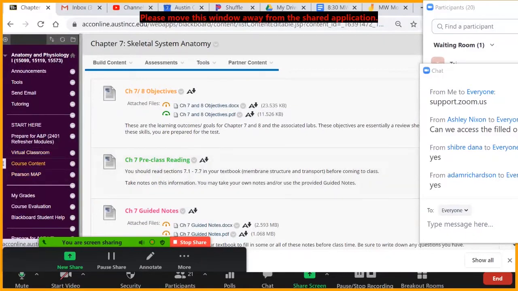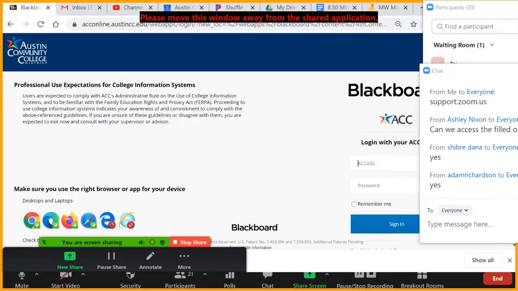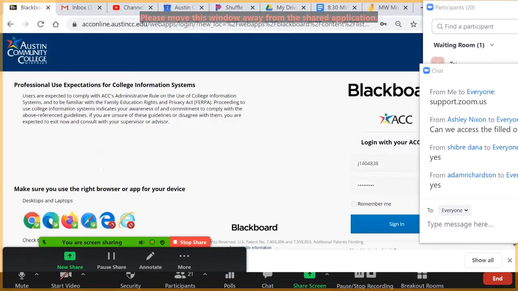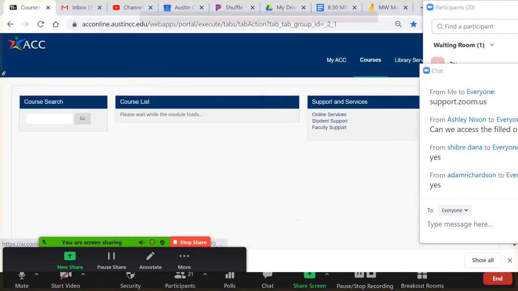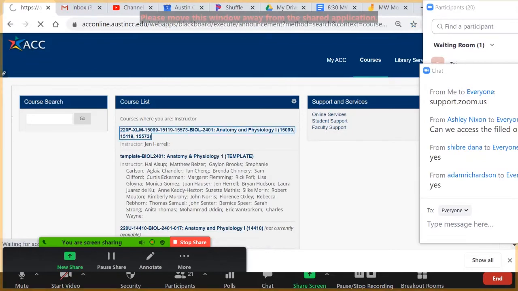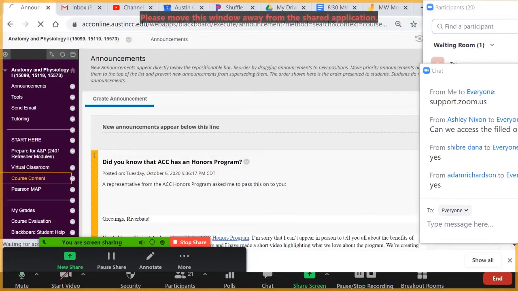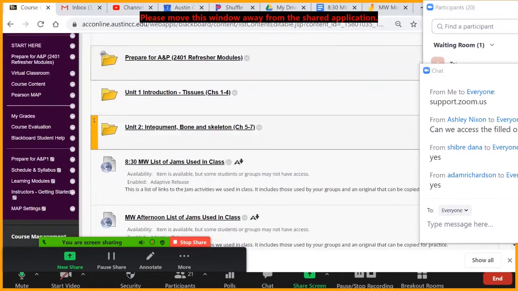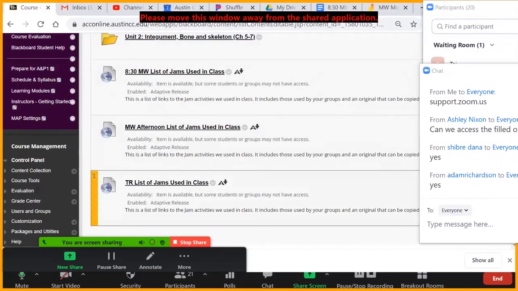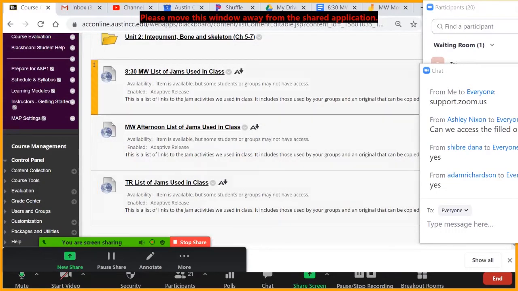If you go into course content, and even before you go into a unit folder, if you scroll down, you're going to see I put them here for all of my classes. You'll only see your class, but you can see that this is the jam list. And what I've created here is just a Google Doc.